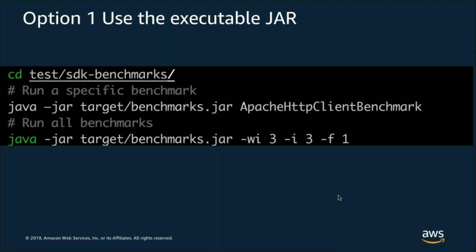You can do something fancy to override the JMH configuration within that class. For this example, it runs 3 warm-up iterations and 1 measurement iteration and 1 fork.